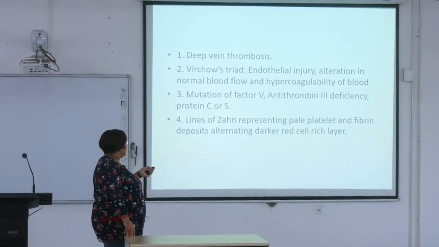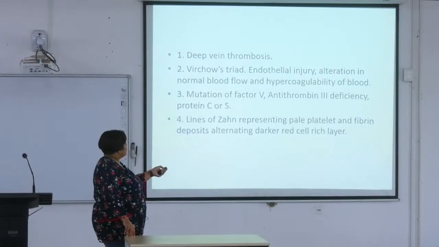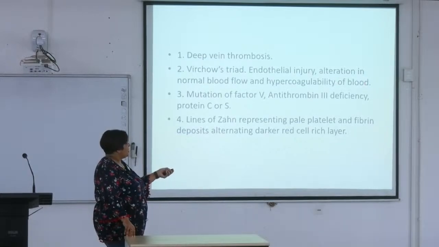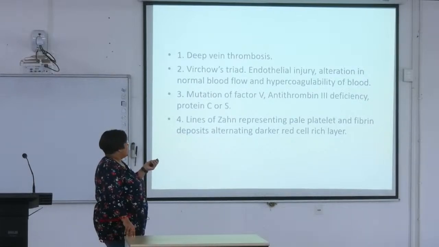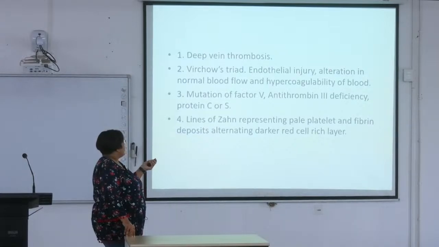Here you have to write the Virchow triad, and Virchow triad consists of endothelial injury, alteration in normal blood flow, and hypercoagulability of the blood. These three components together form the Virchow triad.